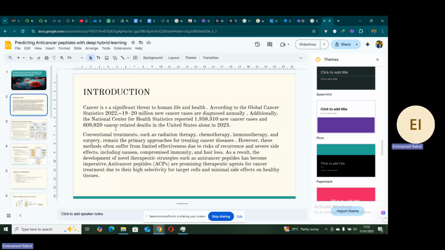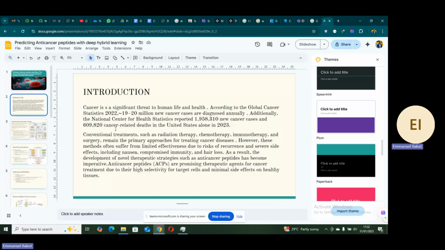It's very common that we treat people for cancer, but after a while, it remanifests. We also have limited effectiveness due to risks, and severe side effects, including nausea and loss of hair, are quite common.